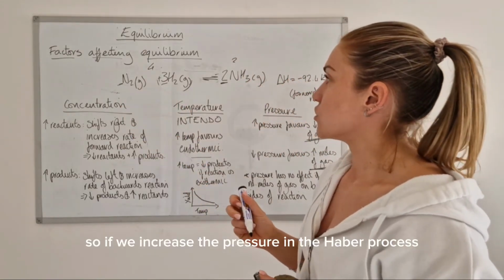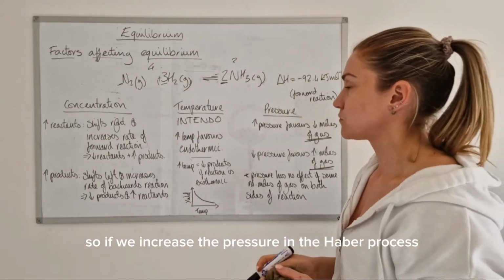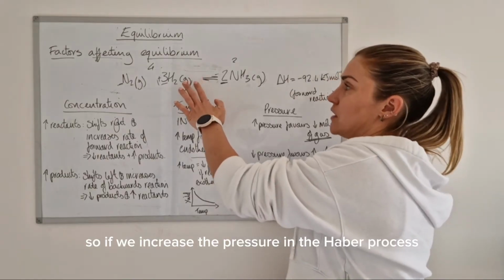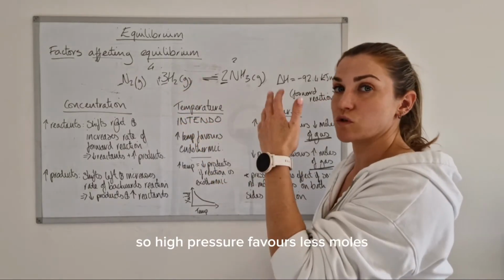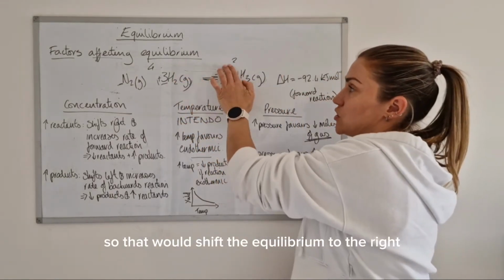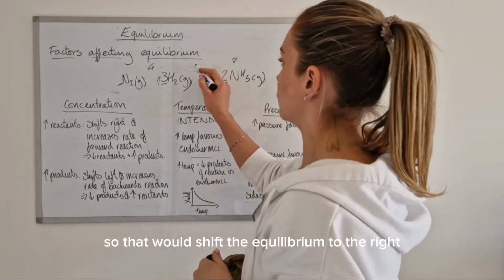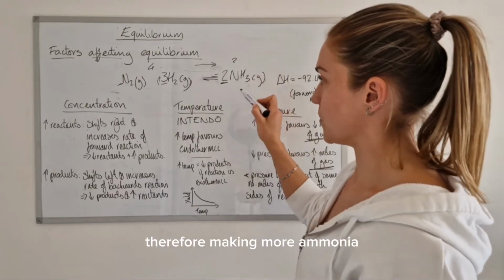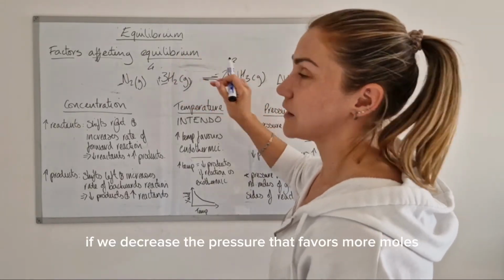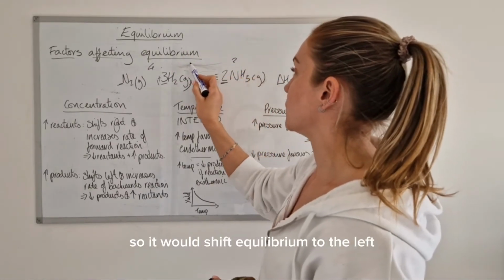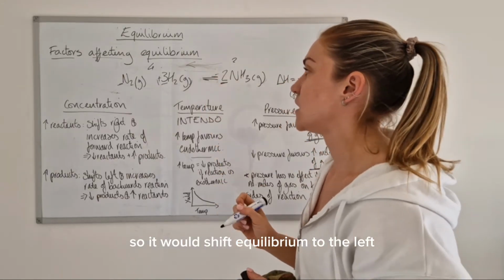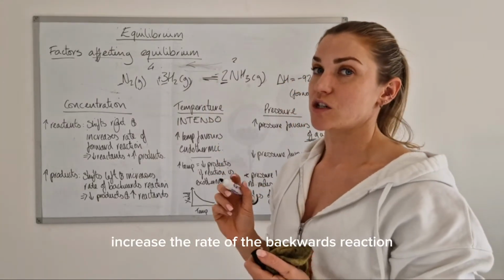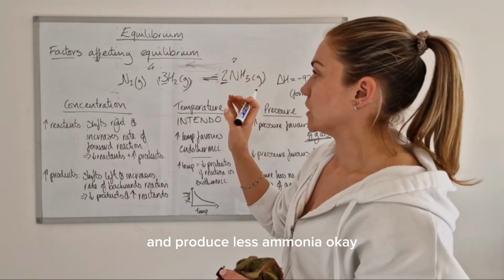Okay, so if we increase the pressure in the Haber process, that favours less moles. So high pressure favours less moles. So that would shift the equilibrium to the right and increase the rate of the forward reaction, therefore making more ammonia. If we decrease the pressure, that favours more moles, so it would shift the equilibrium to the left, increase the rate of the backwards reaction, and produce less ammonia.